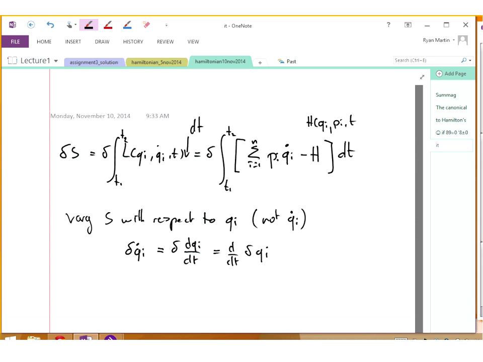Now, the neat thing was that the whole point of the Legendre transform, we showed that the Lagrangian L doesn't depend on variations of the Pi. And the way we showed it was by showing that the Hamiltonian doesn't depend on the variation of the delta Qi dot.